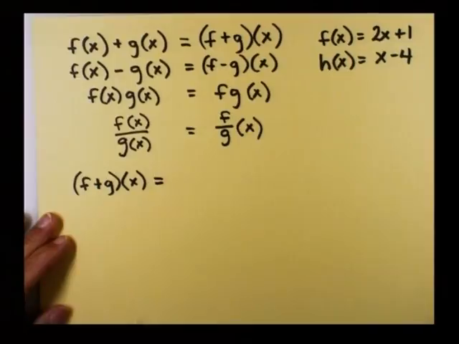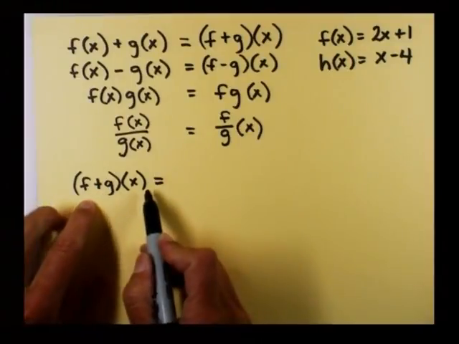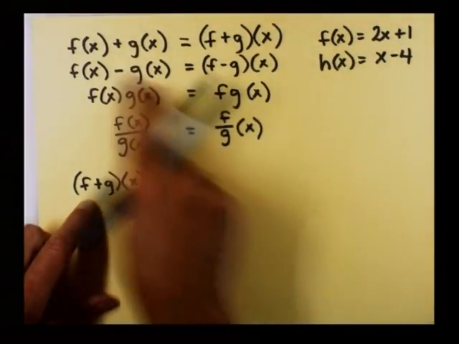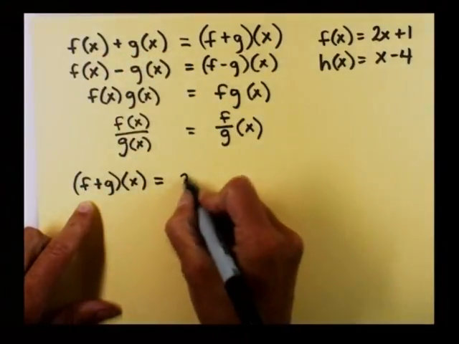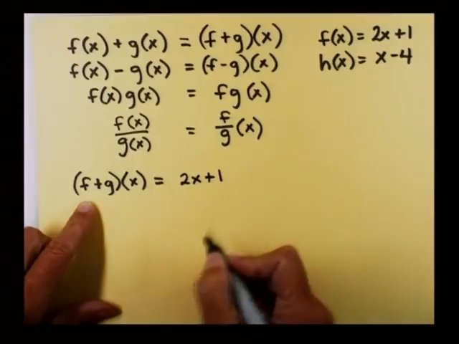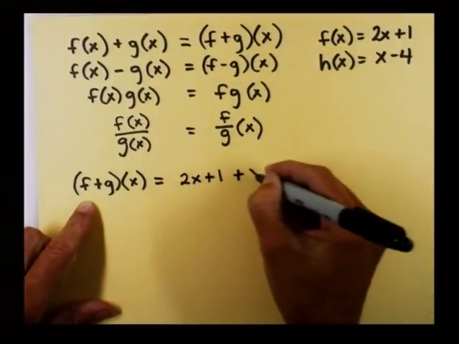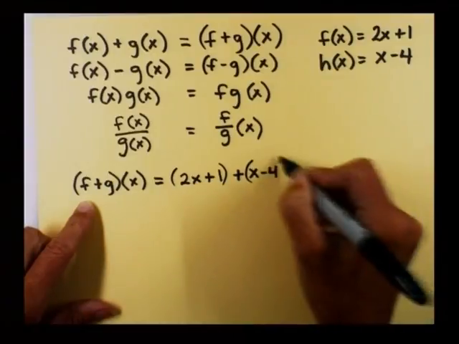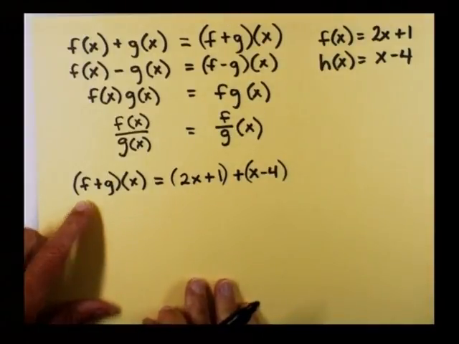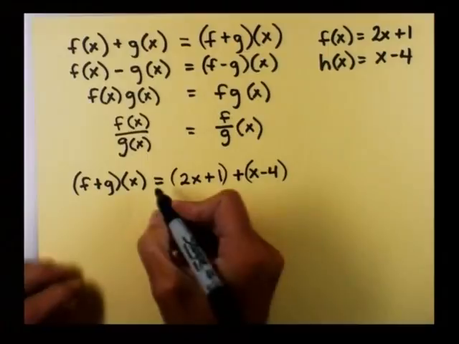So f plus g of x, when I add those together, remember what that means is I'm adding this function plus this function. 2x plus 1 plus x minus 4. I have my first function and I'm adding it to my second function. And then I'll simplify this.